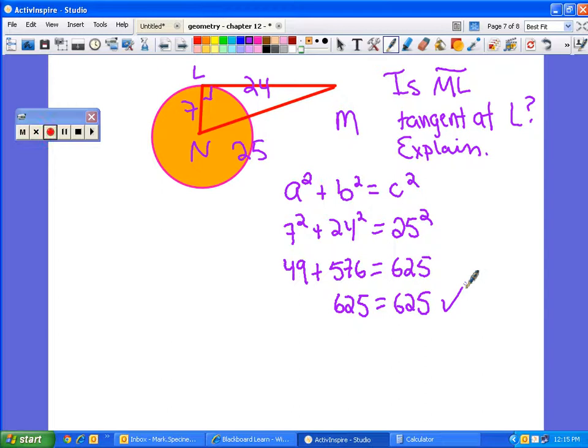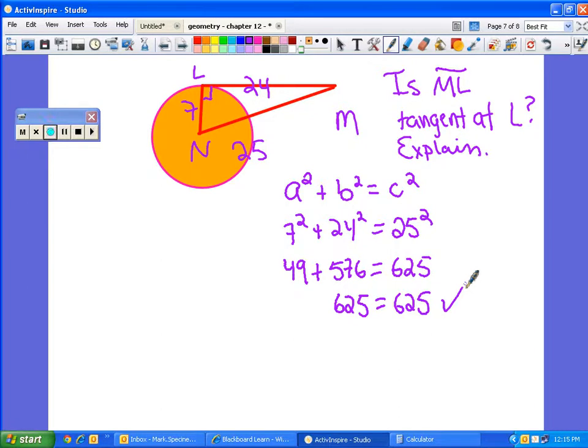Because what we're using is the converse of the Pythagorean theorem. Remember, the Pythagorean theorem says if you have a right triangle, then a squared plus b squared equals c squared. Whereas the converse says if a squared plus b squared equals c squared, then you have a right triangle. And that's what we just proved. We proved that a squared plus b squared equals c squared.